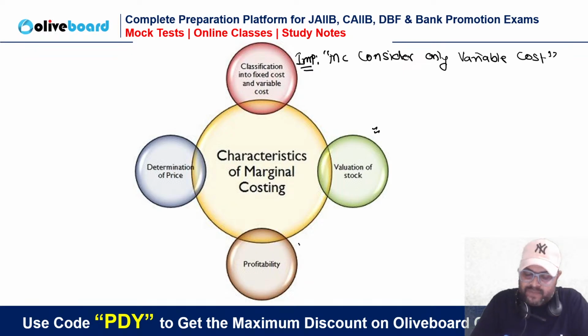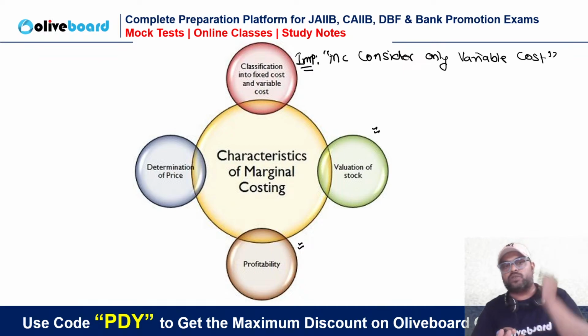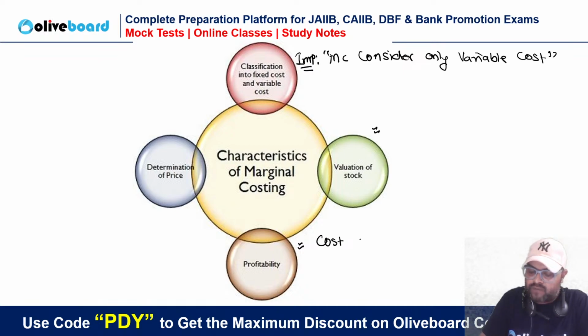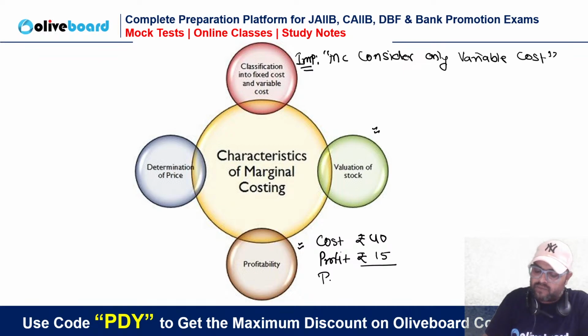Then it helps in calculation of profitability, because when you know the cost per unit, for example, in the previous discussion just a moment ago, I told you that if your cost of the new unit is 40 and if you want to earn a profit of around 15 rupees on that, you can decide the price of the product.